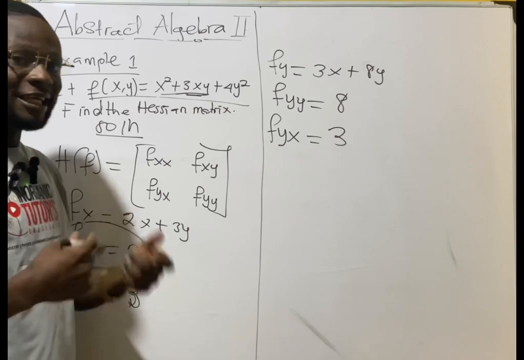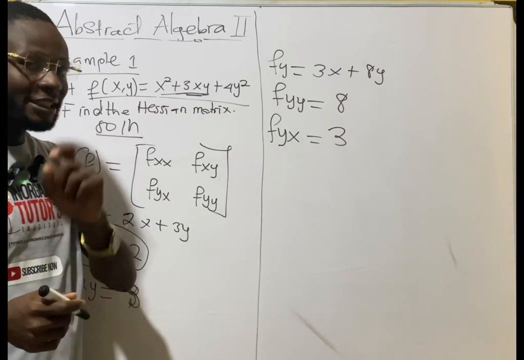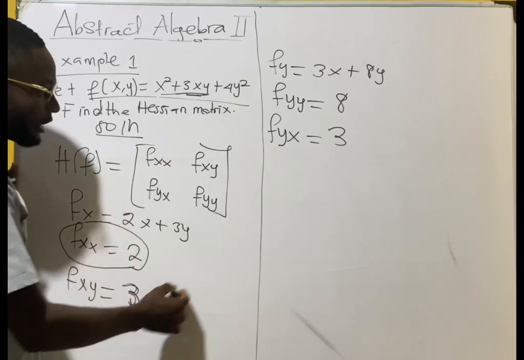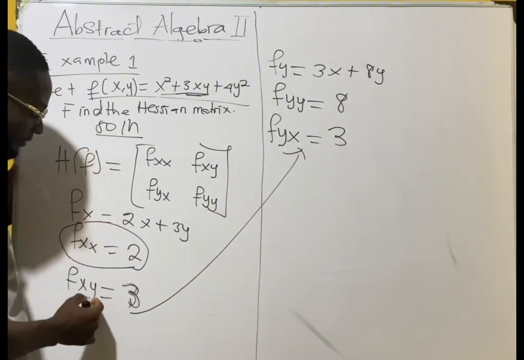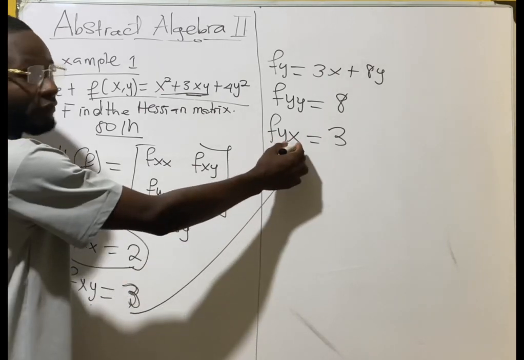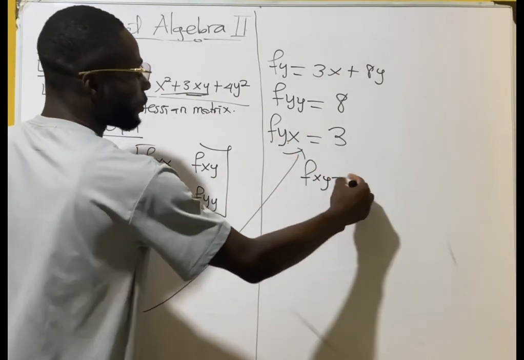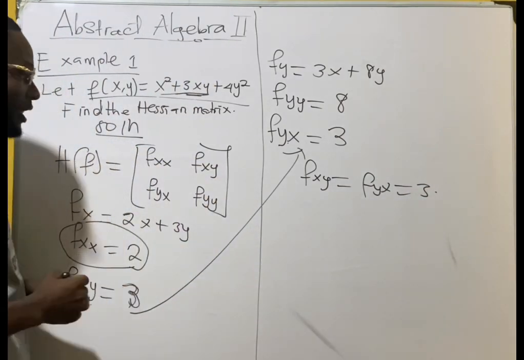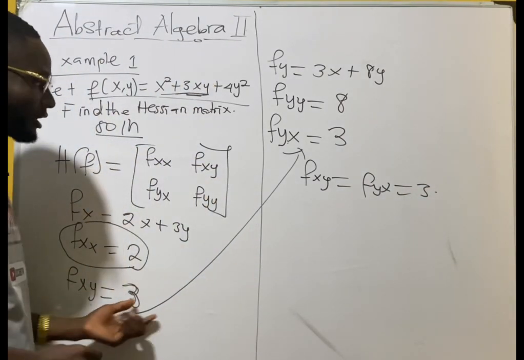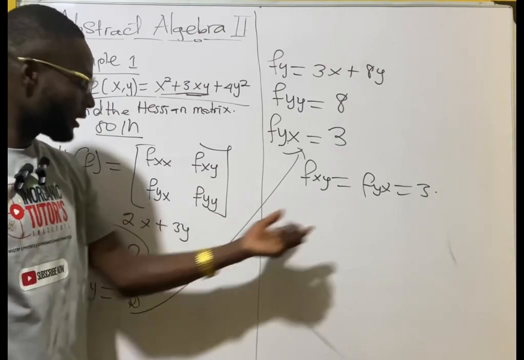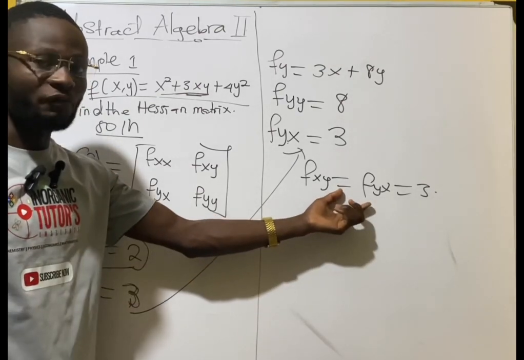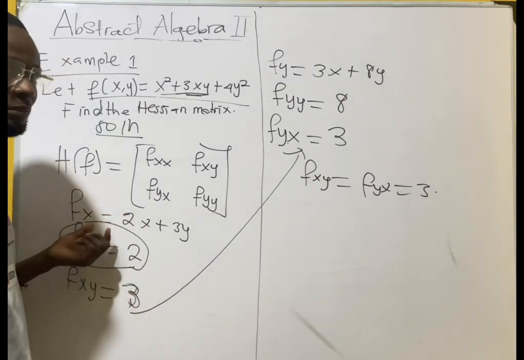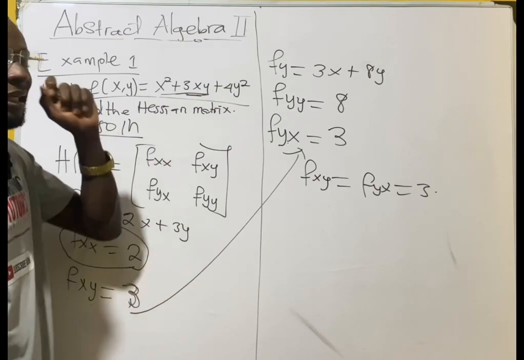So what we said earlier, that the mixed partials are equal, is what we are seeing here: fxy is equal to fyx, which is equal to 3. These elements represent the off diagonal, and the second derivatives with respect to x and with respect to y represent the main diagonal.